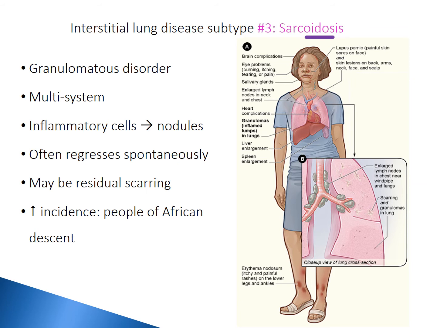On the upside, it can often resolve on its own, but those afflicted may be left with some residual scarring. So you can see here the little granulomas in the lung, and they often will also have enlarged lymph nodes related to the immune response.